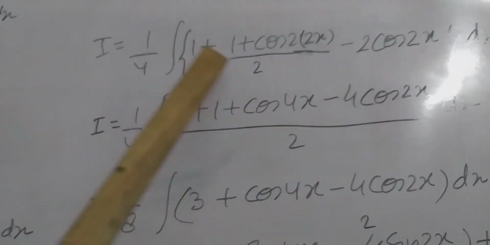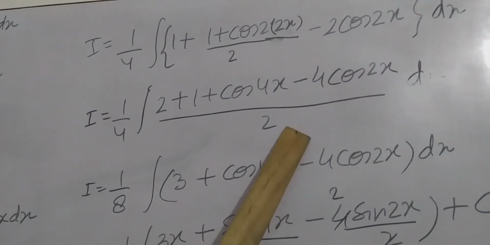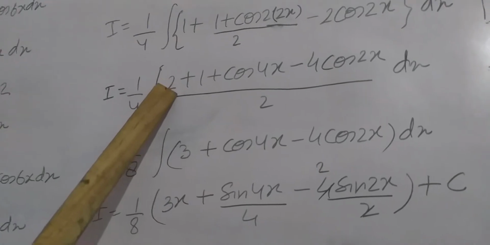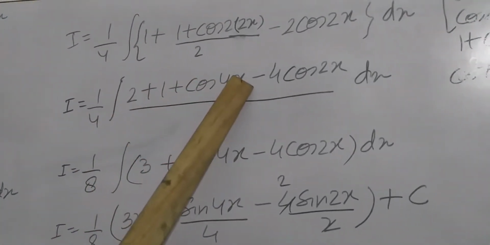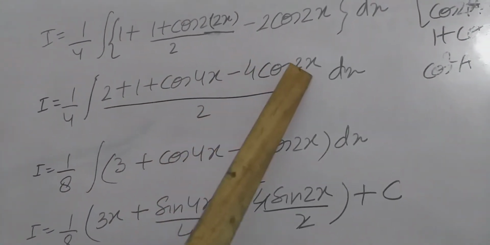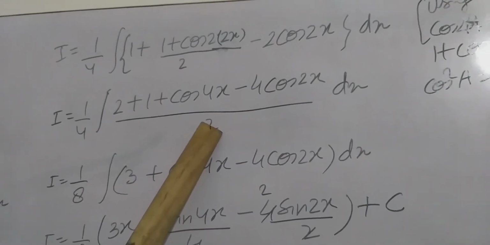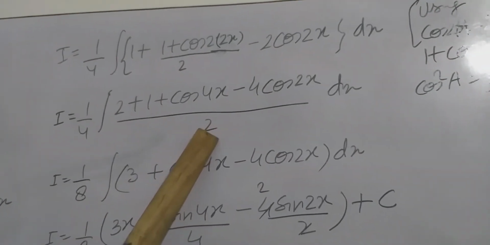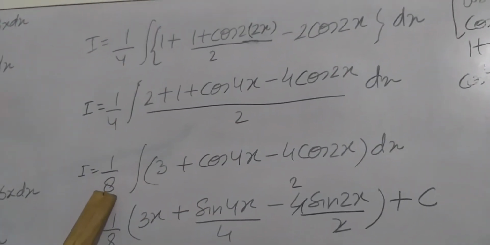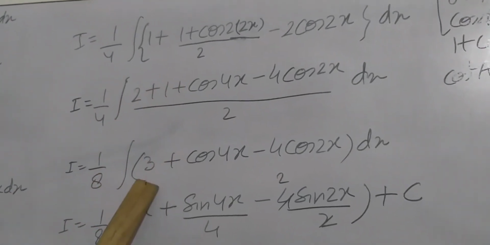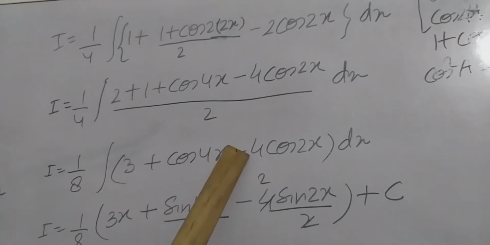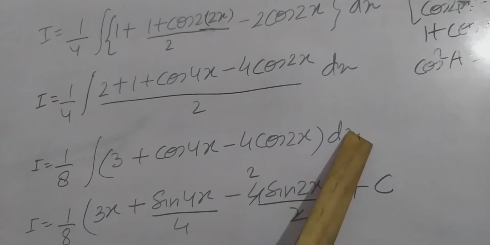So let us take LCM. LCM is 2. So here 2 plus 1, cos 4x minus 4 cos 2x upon 2. Okay. So 4 times 2 is 8. 2 plus 1 is 3. 3 plus cos 4x minus 4 cos 2x dx.